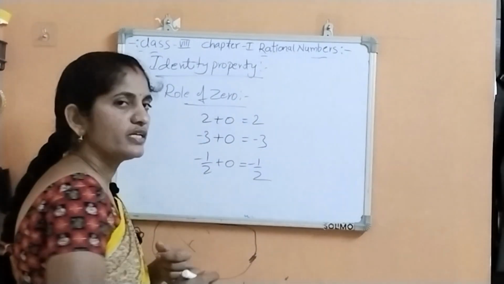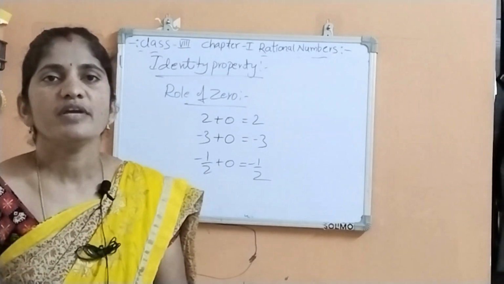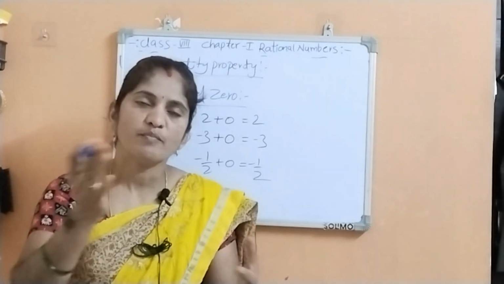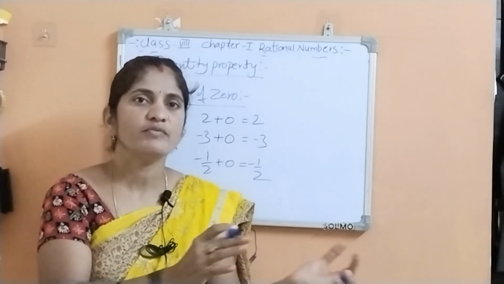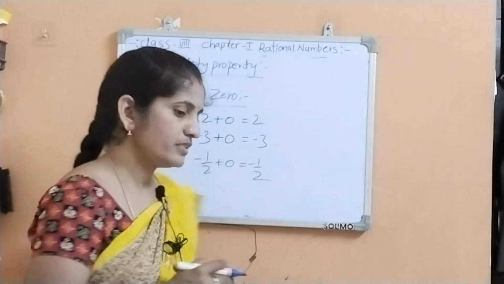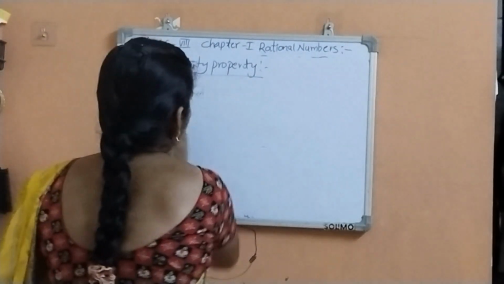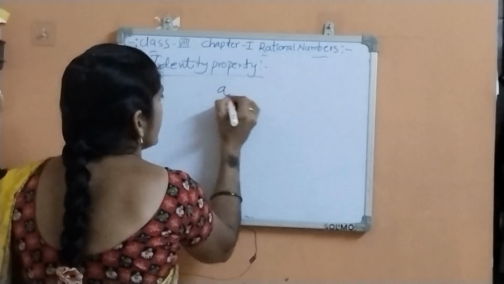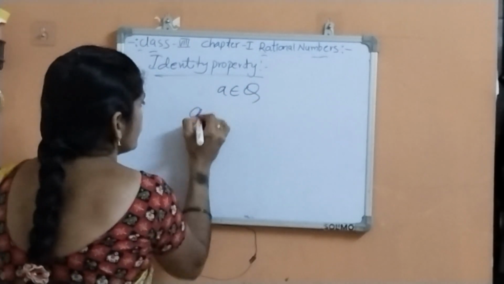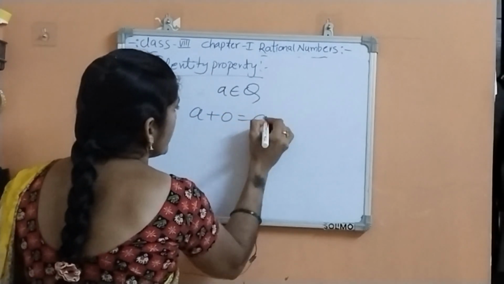By this we can generalize that if we add any rational number to 0, the value of the rational number remains the same. For example, if we take a belongs to Q, and we add 0 to a, we get a.